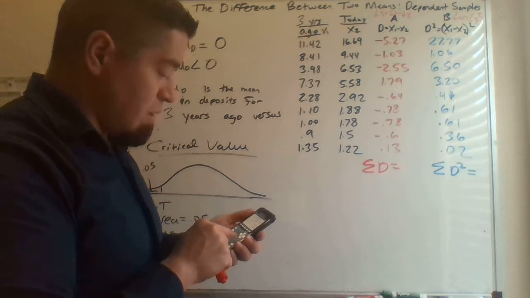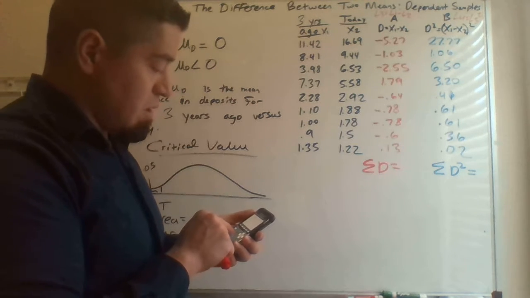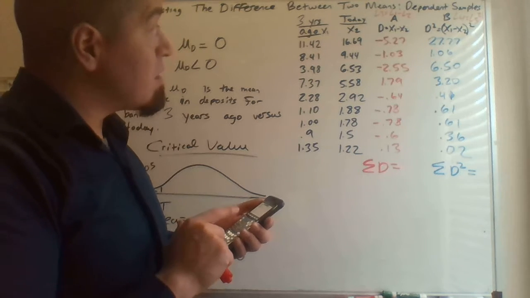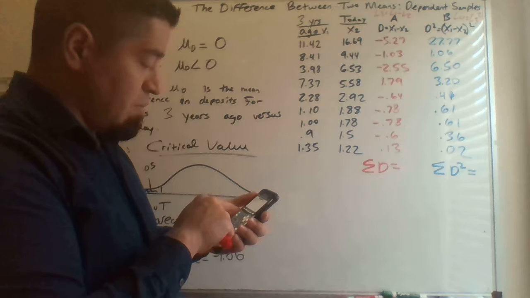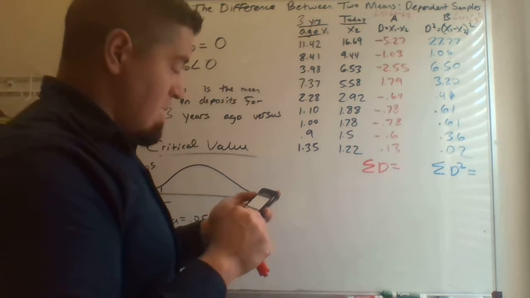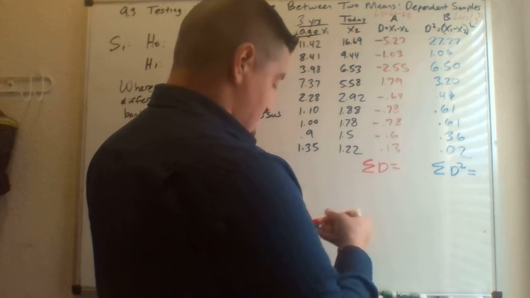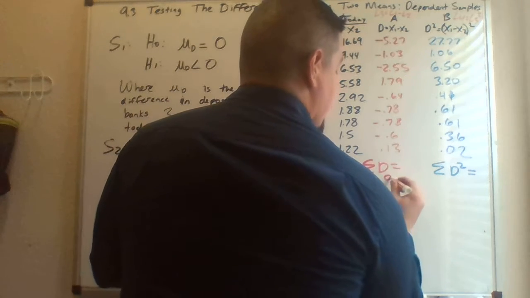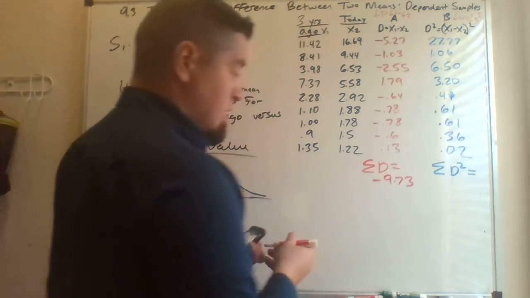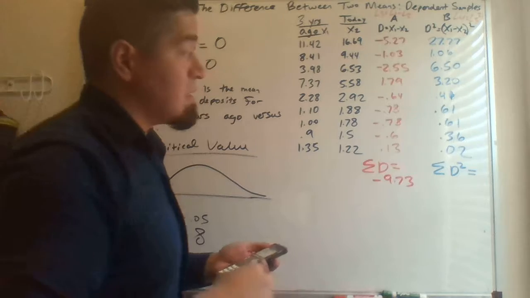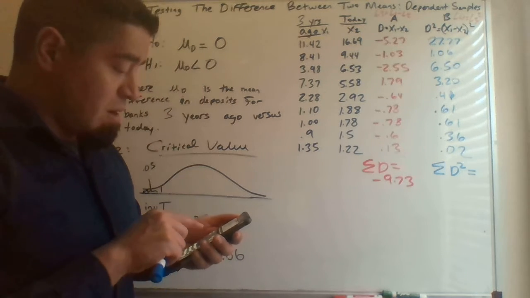Go to the home screen, use stat, right arrow, to calculate 1-bar stats. In the list, push second number 3 for list 3, then calculate and look for the summation. I get negative 9.73 for that summation.